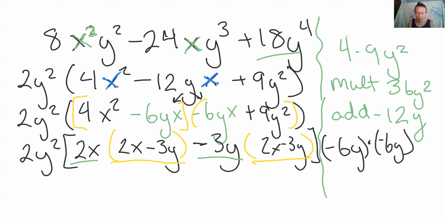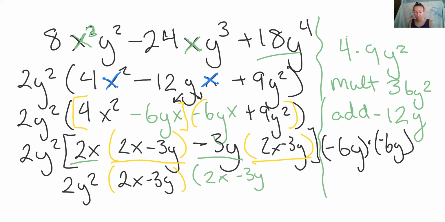So we've still got this 2y squared on the outside. And then we've got a 2x minus 3y that we are factoring out as the common term between our two inside terms. And then what is left remaining, as I've underlined in green, is a 2x minus 3y. Okay.